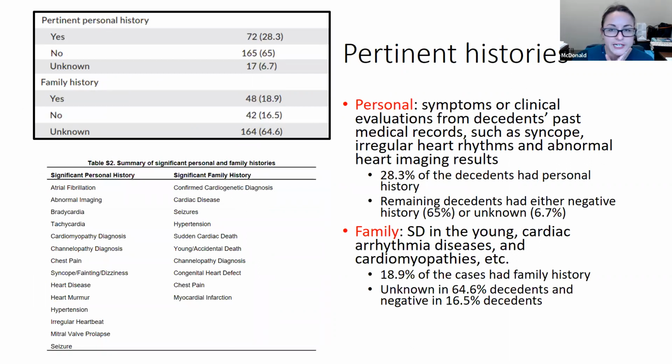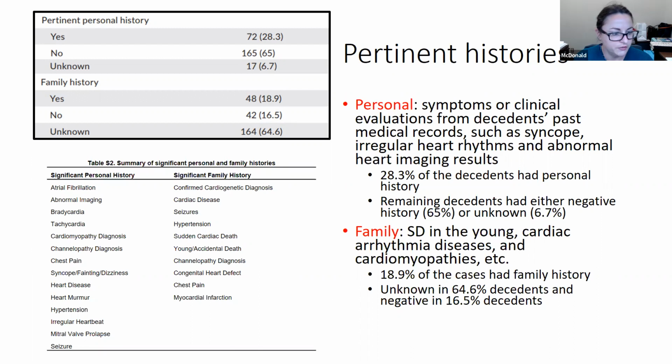So how did they do their data collection? They really looked at the pertinent histories for these patients. So they needed to look at their personal history and their family history. So personal history, they looked for symptoms or clinical evaluations that would indicate abnormal heart function.